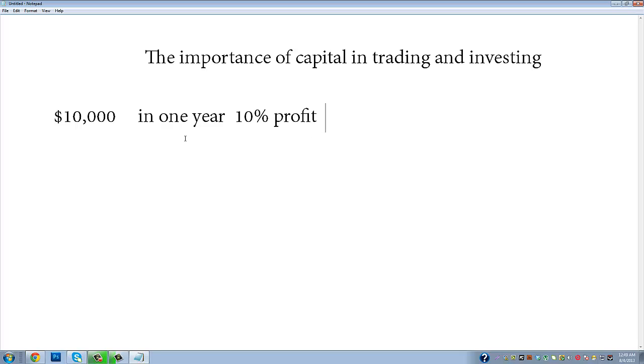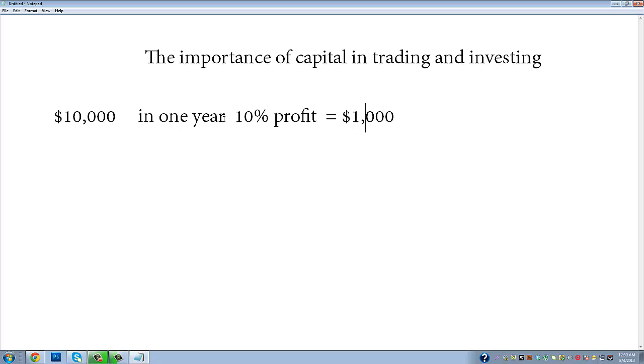What would the profit be in money? It's $1,000. This is what you get if you have 10% profit from your $10,000 in 1 year.